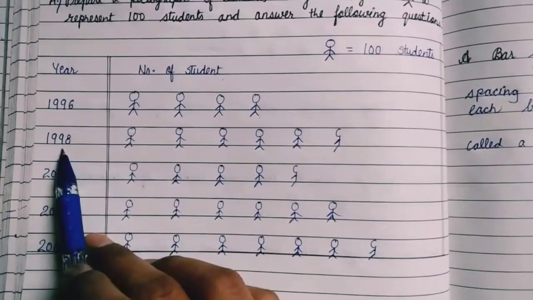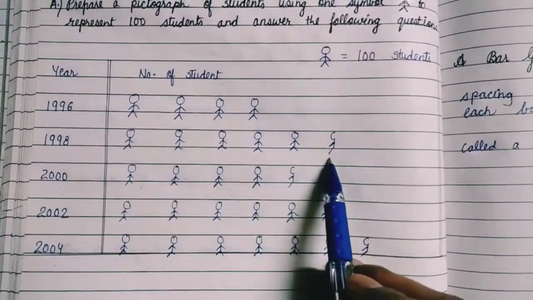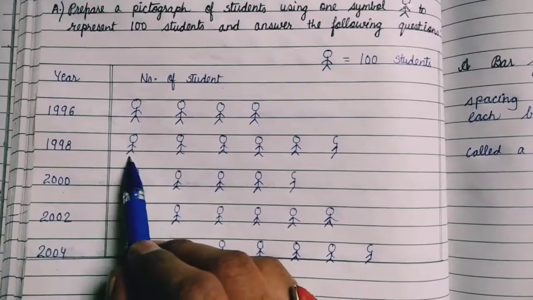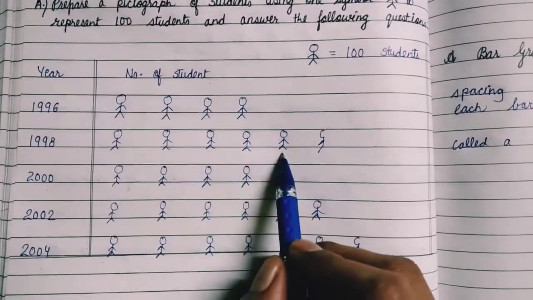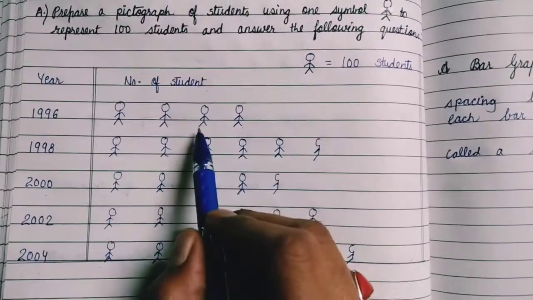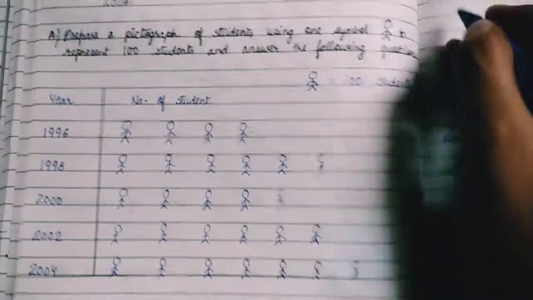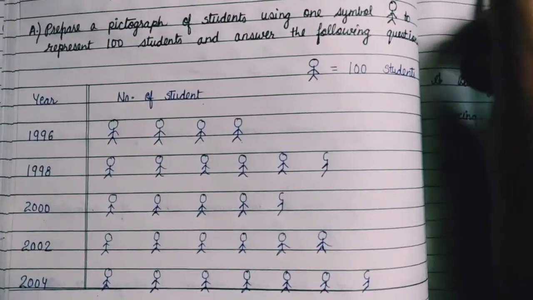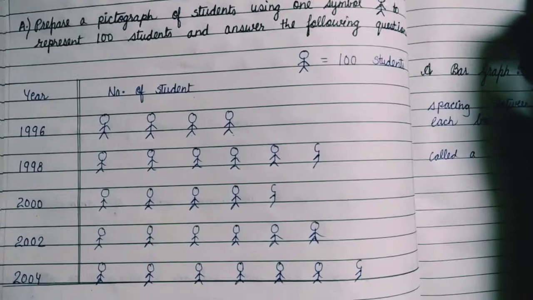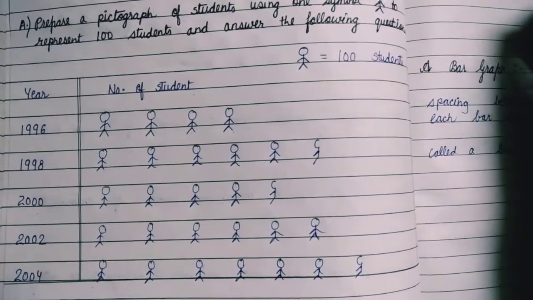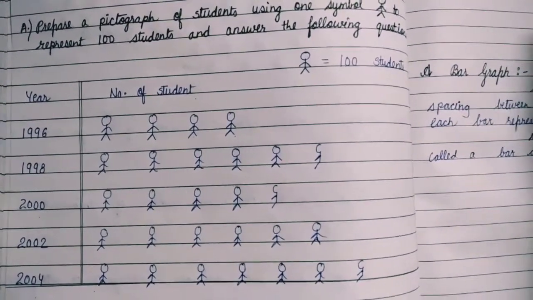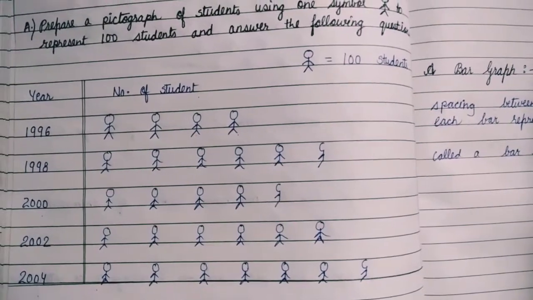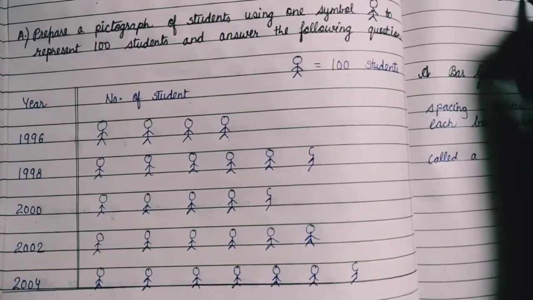For the year 1998, how many symbols are we using? We are using 1, 2, 3, 4, 5. 5 complete symbols and 1 half. So its answer will be 5 complete symbols and 1 half symbol.